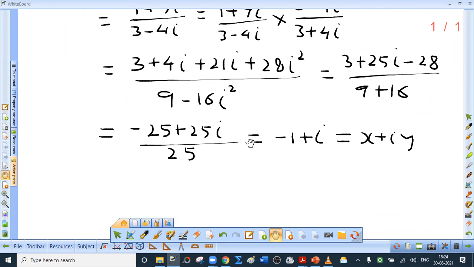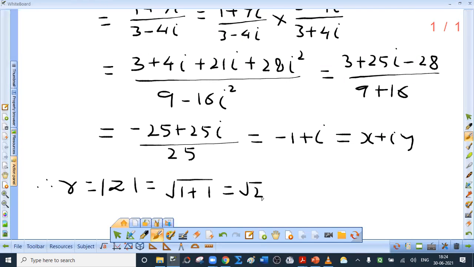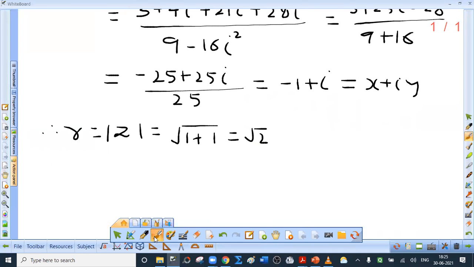We represent it by x plus iy. Okay. Now, what is r? Modulus of the complex number, mod z. It is root of 1 plus 1, that is root 2. What is sin theta? Sin theta is nothing but y upon r, which means 1 upon root 2.